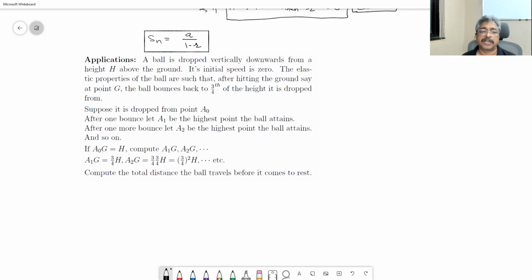After one bounce, let A1 be the highest point the ball attains. After the next bounce, let A2 be the highest point the ball attains, and so on. So A0G is equal to H, A1G is 3/4 of H, etc. Compute the total distance traveled by the ball till it comes to rest.